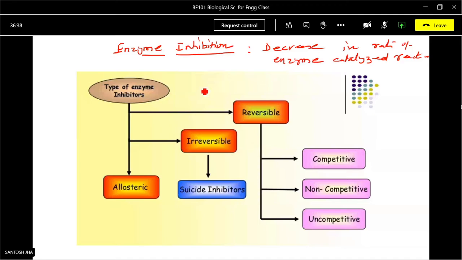There are a number of molecules known as enzyme inhibitors, which when they bind or interact with the enzyme, lower down or reduce the rate of the enzyme catalyzed reaction. These are known as enzyme inhibitors, and the process is known as enzyme inhibition.